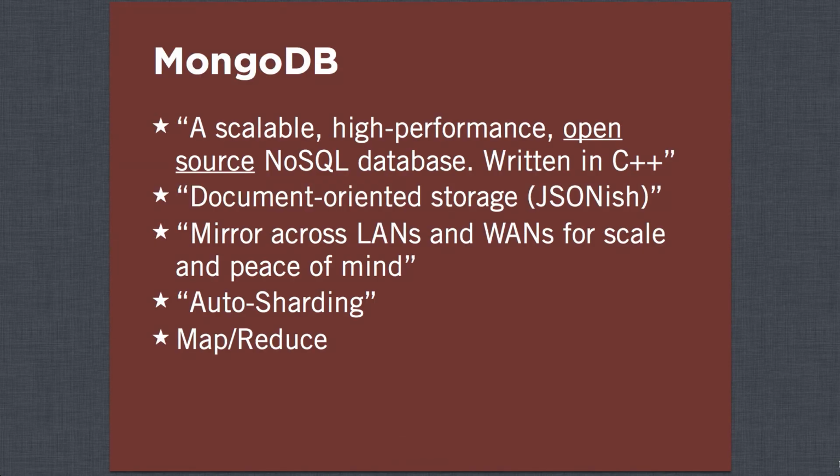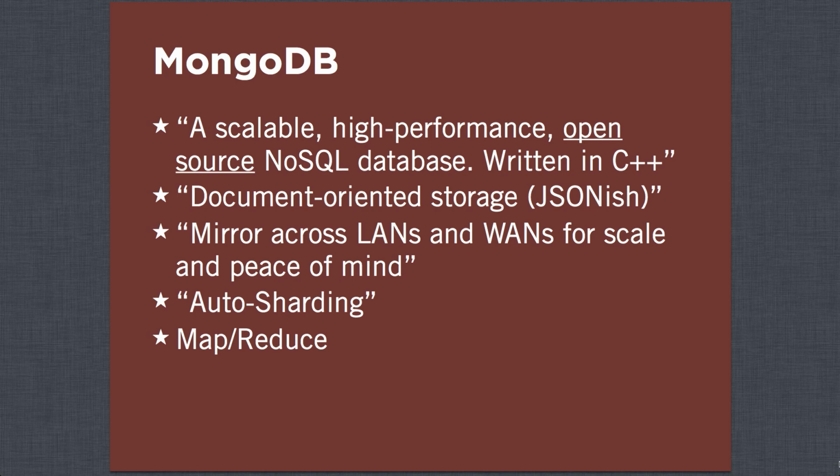So MongoDB is a scalable, high-performance, open-source, NoSQL database. So you'll see this term NoSQL a lot because it's not based on SQL like MySQL is. It's based on a document-type format. And it's a document-oriented storage, and I say JSON-ish because it's not pure JSON. It's a variant of JSON.